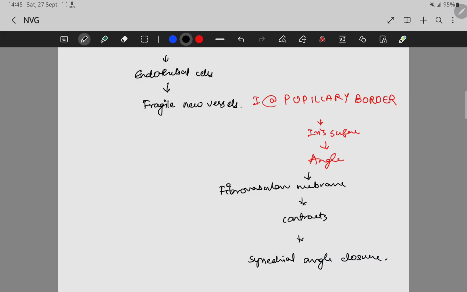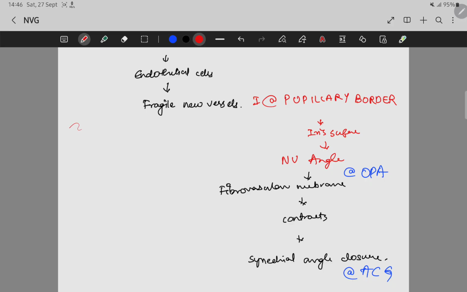So an open angle glaucoma occurs in the stage of neovascularization of the angle. Then after the formation of the membrane and its contraction, when there is synechial angle closure, it leads to angle closure glaucoma. So we have both types of glaucoma in this. The stages are also the same.